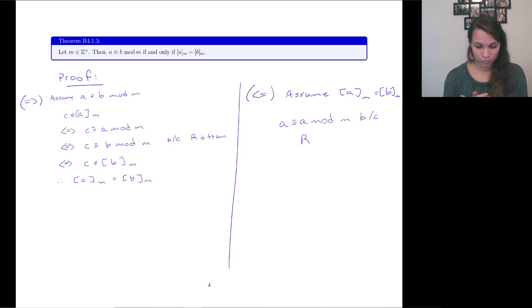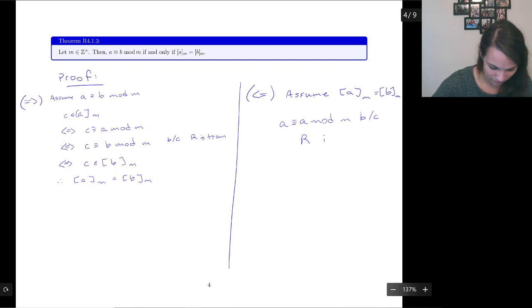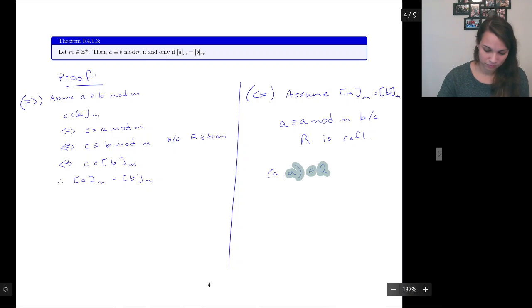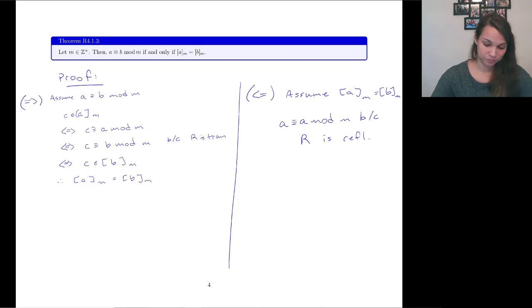We did transitive, it's symmetric, and it's the last one. Oh man, why do I always forget this one? It's reflexive. Remember, reflexive means that (A, A) is going to be in R for all of the A's. So that means A equals A mod M.